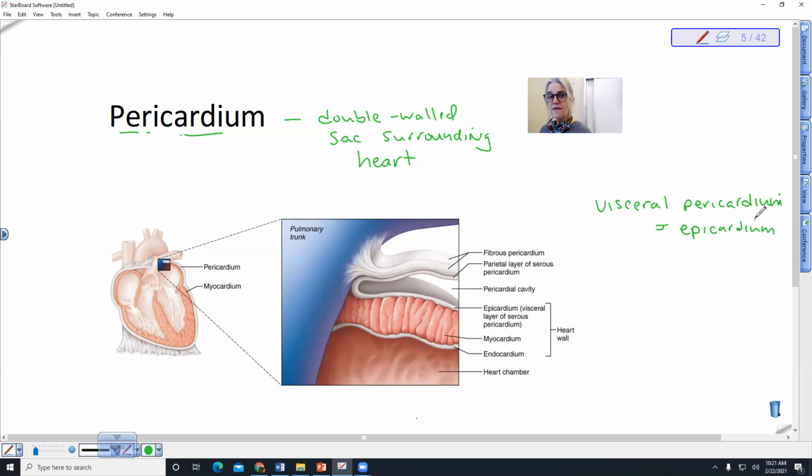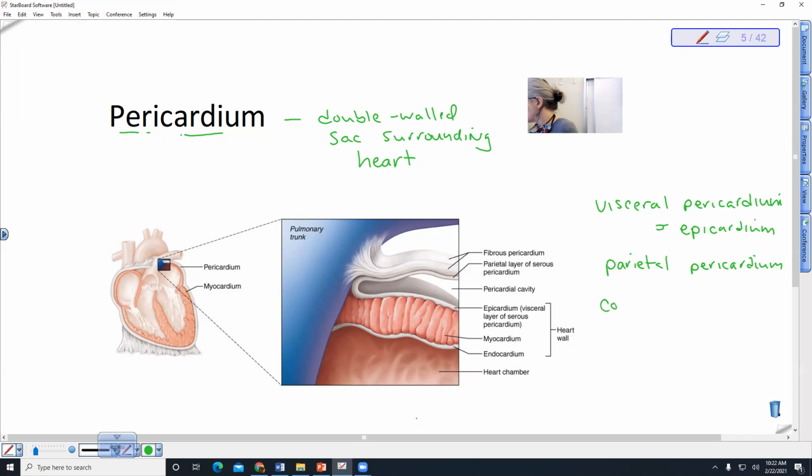We also have another layer, which is called the parietal, and that is another word which you'll see in other organ systems, but it is called the parietal pericardium, and it is the outer layer. And so in between these, you have what is referred to as the pericardial space or cavity.